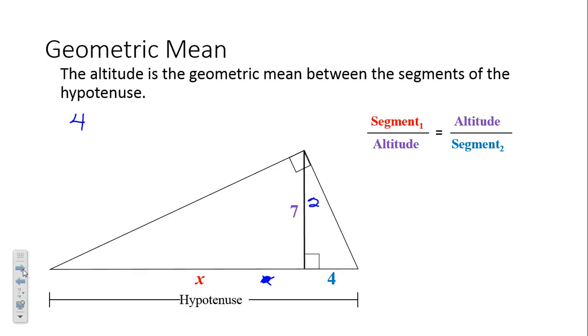So 49, or 7 squared, equals 4 times X. Okay? How do we get the X by itself? We divide. So 49 over 4 is perfectly fine for an answer. It's reduced. It's in lowest terms.